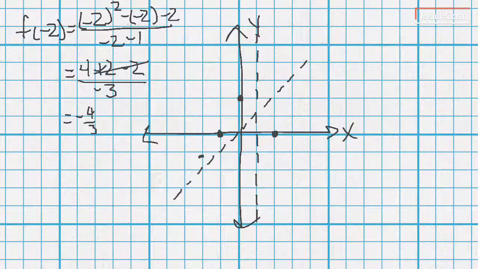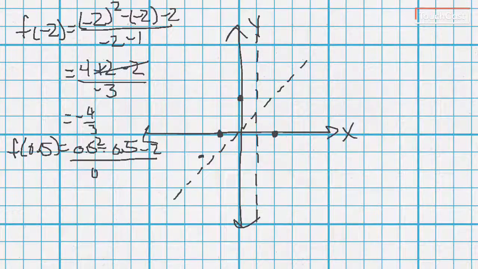And then how about we pick something that's to the right of 0? And we can't do 1, so let's do a half. We'll do f of 0.5. So we're going to have 0.5 squared minus 0.5 minus 2 over 0.5 minus 1.